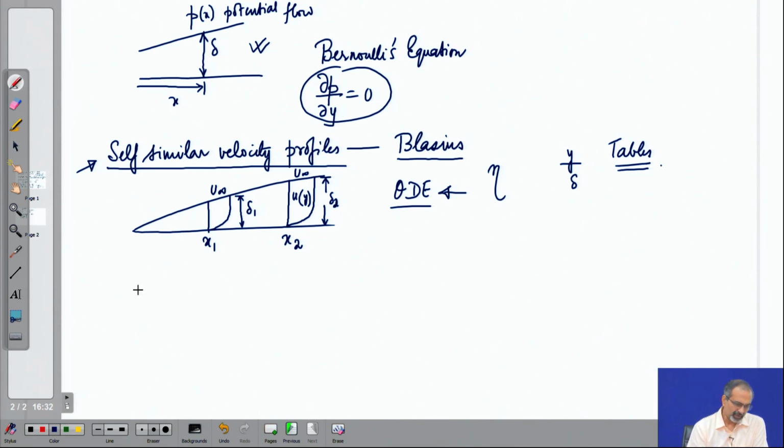All this while we have been mainly talking about the incompressible boundary layer, but we briefly mentioned that at high speeds the boundary layers will become compressible, and we have discussed in previous lectures that the v square by 2 term becomes a very dominating term in high speed flows.